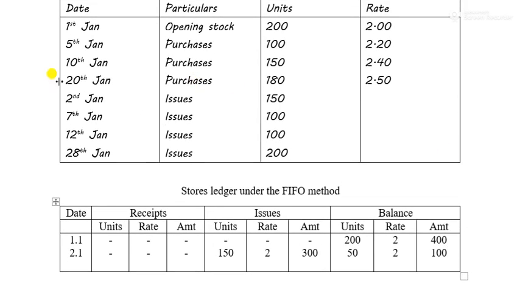Okay, now the next date is 5th Jan, purchases. So let's record 5th Jan. So what happens here? Purchases of 100 units, 100 units at the rate of 2.2, 220. Nothing under the issues column.